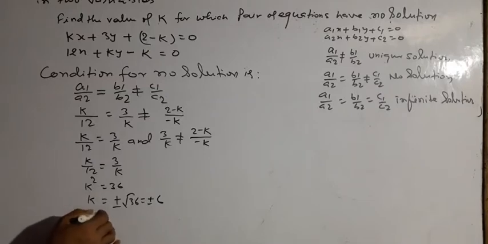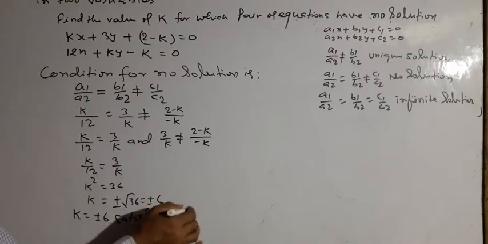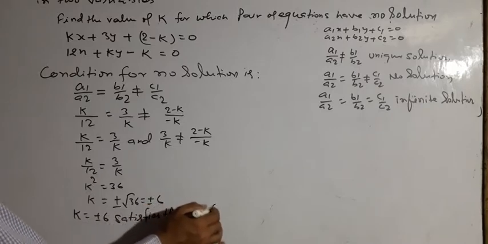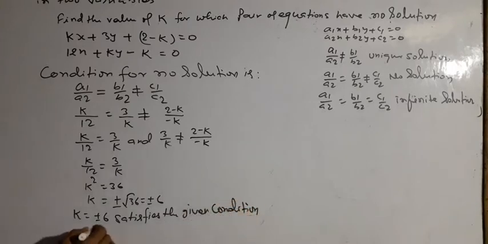K equal to plus minus 6 satisfies the given condition. Hence, k equal to plus minus 6 means k equal to 6 or minus 6. This is the answer.